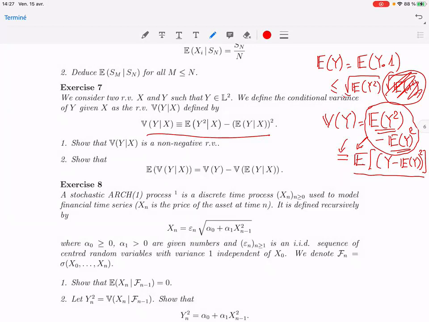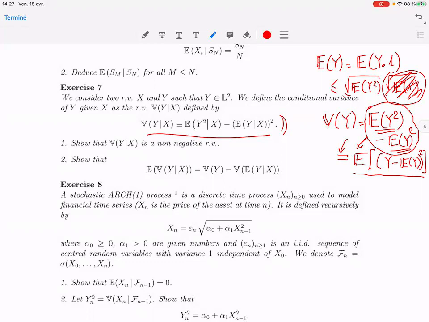So the idea here is to use this kind of Cauchy-Schwarz, but for the conditional expectation. In principle you should know what is called the conditional Jensen inequality, because Cauchy-Schwarz is a particular case of Jensen.